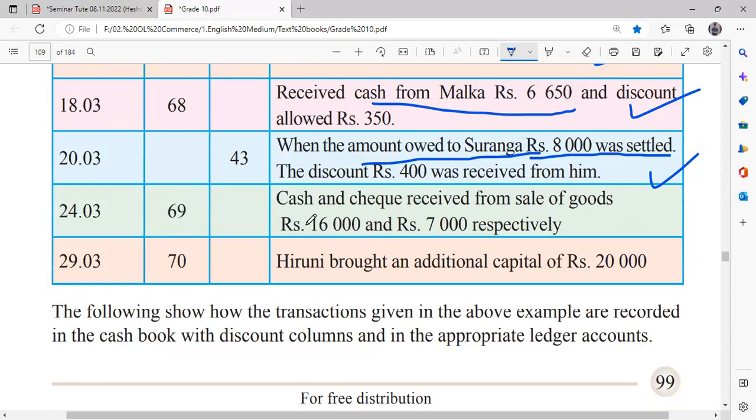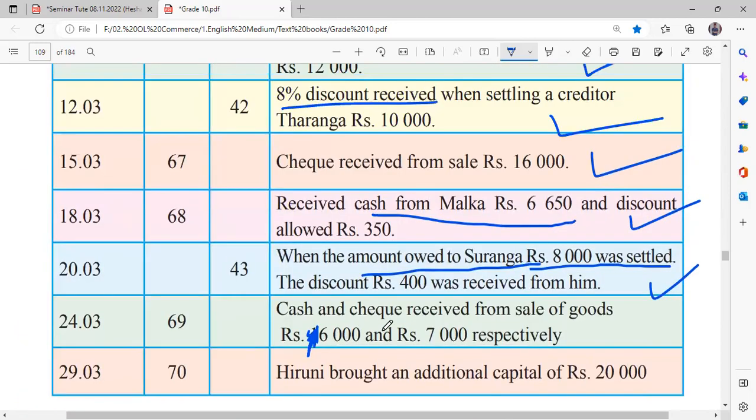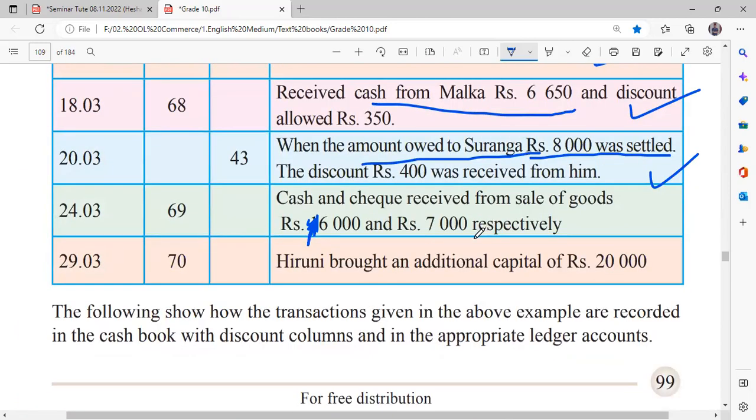So we also take it as 6,000 because I can remember this in the Sinhala medium class. Otherwise the calculations are wrong, right? Because I'm not going to balance it, you can find the balances in here. So we take it as 6,000 and 7,000, right?